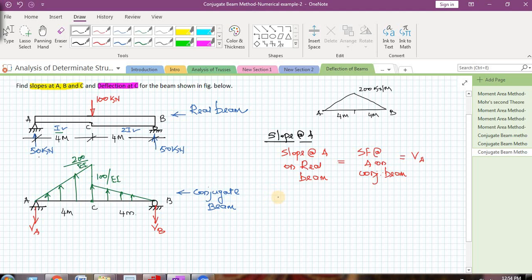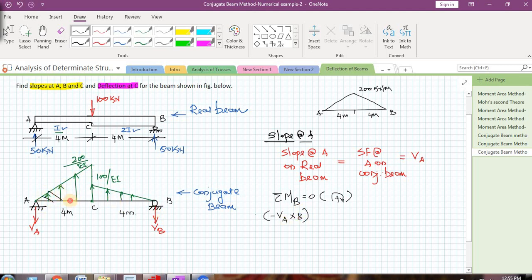To do that, I will take on the conjugate beam moment at B equal to 0, and my sign convention will be all clockwise moments as positive. So now VA at B will actually cause anti-clockwise movement, so I should write it as minus VA into 8. So this is done.